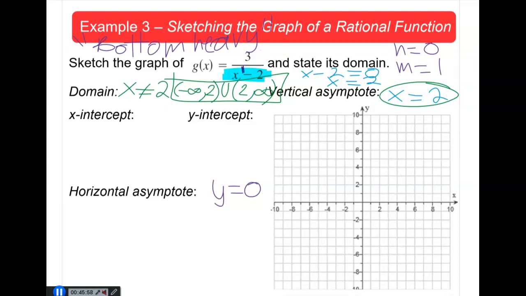That's going to be a little weird. Let me do it the long way. So to find the x-intercept, we will have to let y equal 0, right? Or g of x equals 0. So we will have the equation 0 equals 3 over x minus 2.